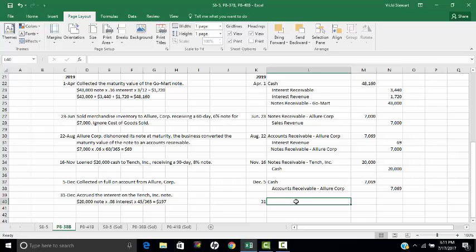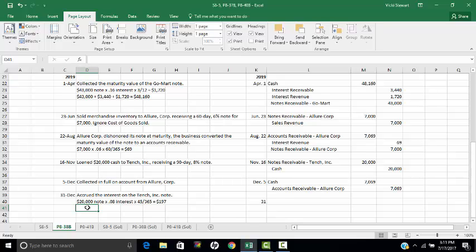note. So first we need to figure out how much interest we need to accrue. It's a $20,000 note. The interest rate was 8%. We're at December 31st. The note was issued on November the 16th, so the note has been outstanding for 45 days. All December plus 15 days in November.